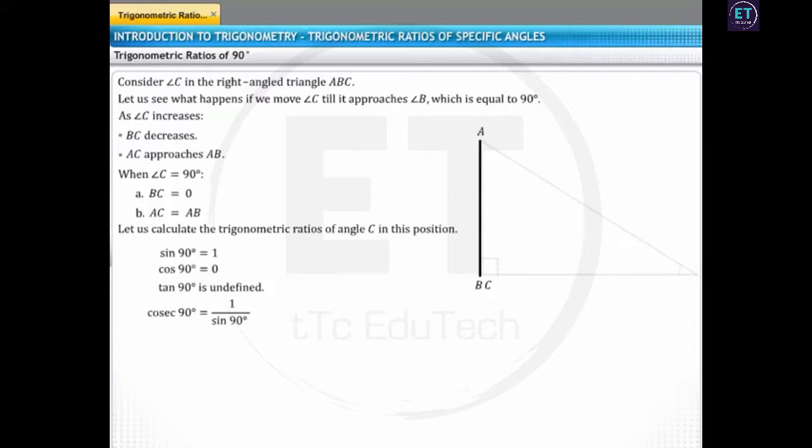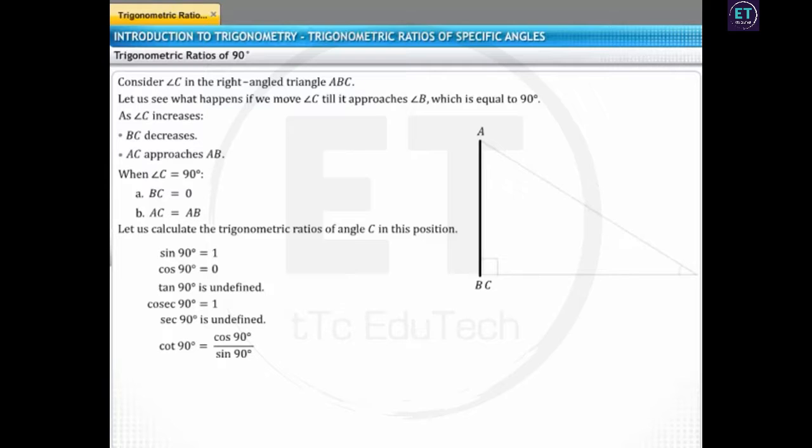Cosec 90 is equal to reciprocal of sin 90, which is 1. Thus, cosec 90 is equal to 1. Sec 90 is equal to reciprocal of cos 90, which is 0. Thus, sec 90 is undefined.